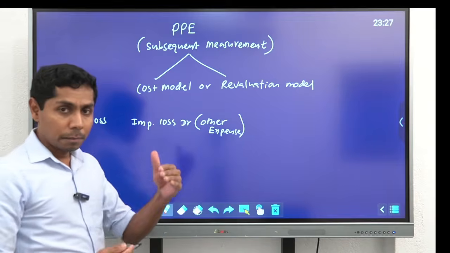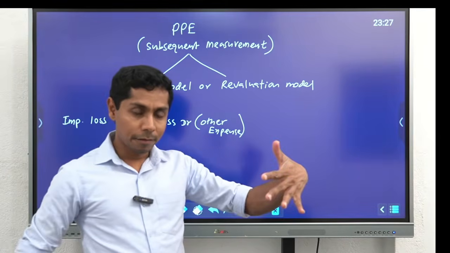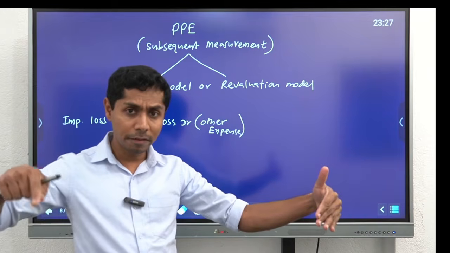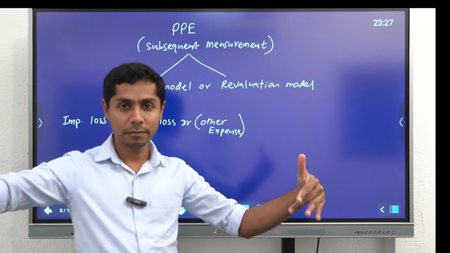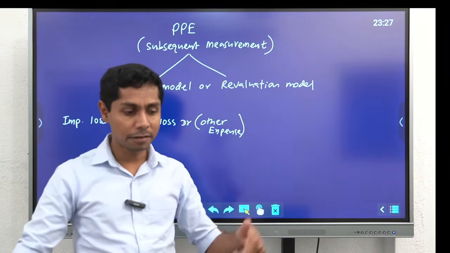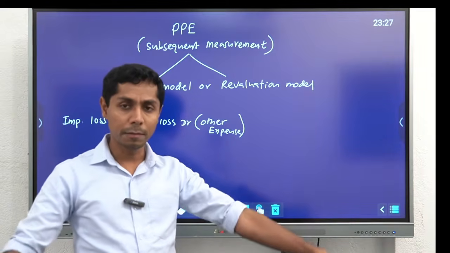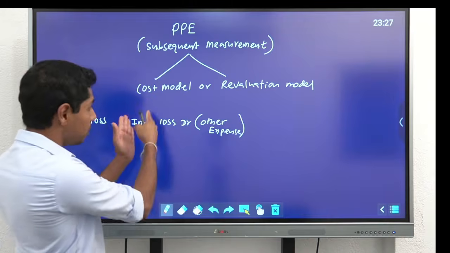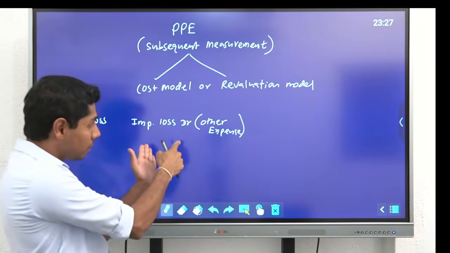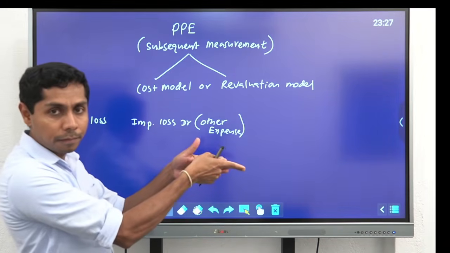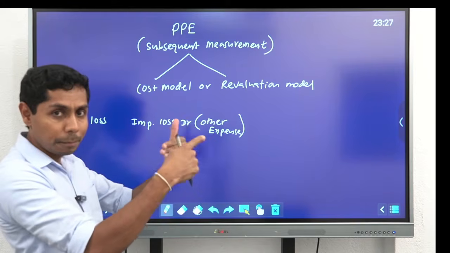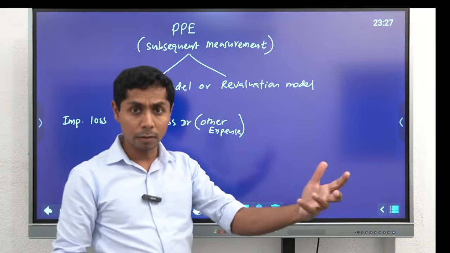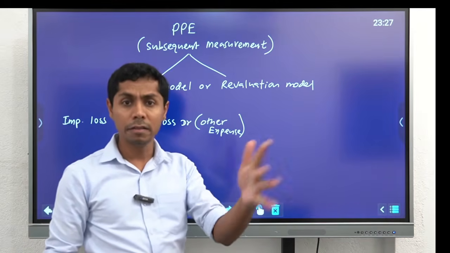Can you remember when we record the depreciation: depreciation expense account debit, accumulated depreciation account credit, right? Similarly, impairment loss account debit. We don't directly credit the asset account, as we don't for depreciation; there we credit the accumulated depreciation account.